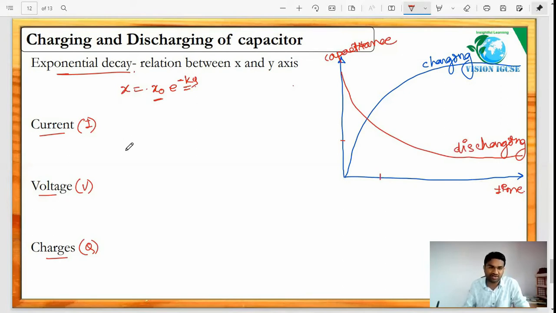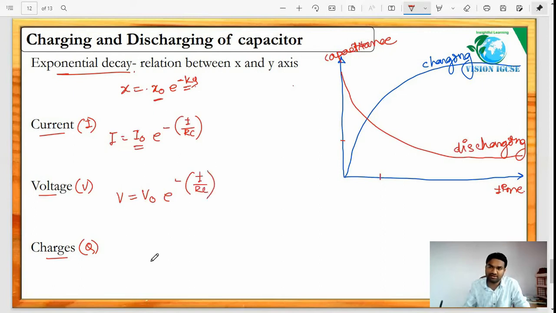Now for current, we have I equal to I0 e raised to negative t over RC. Here RC is a constant, t is time, and I0 is the initial current. Then for voltage, V equal to V0 e raised to negative t over RC.